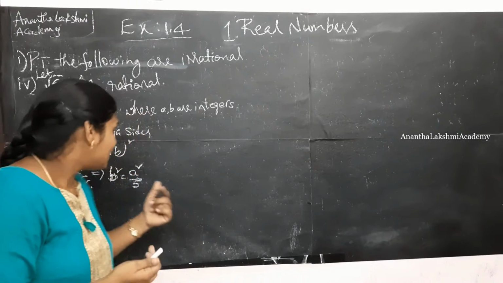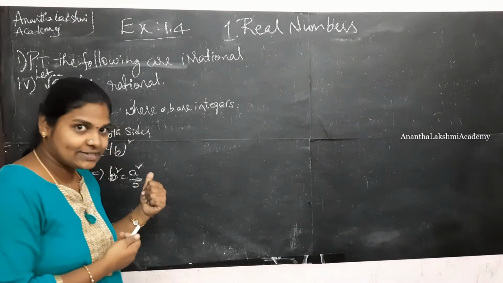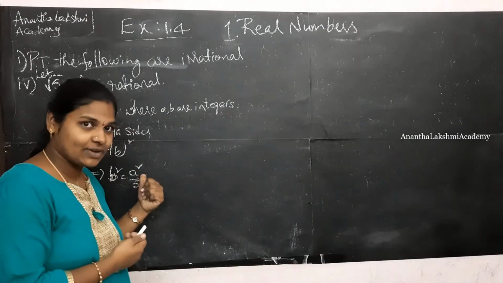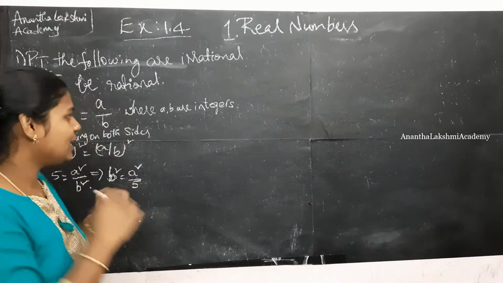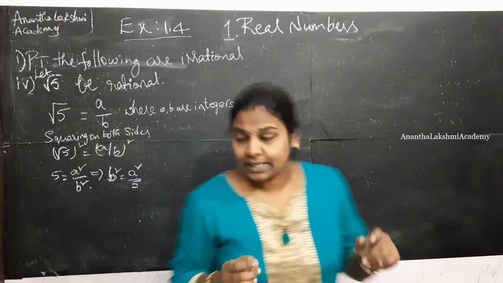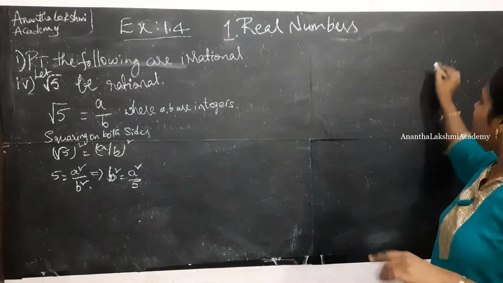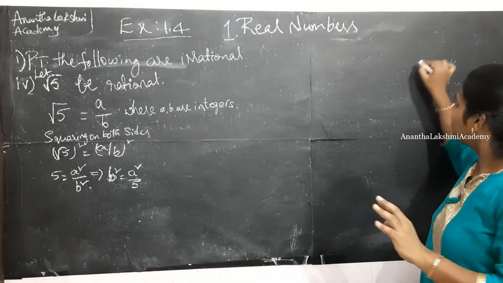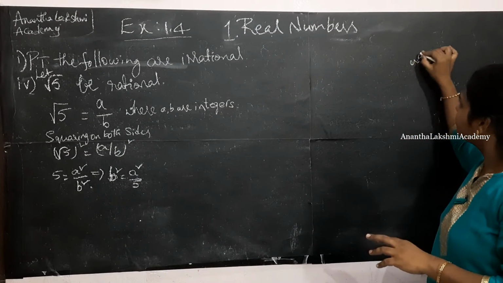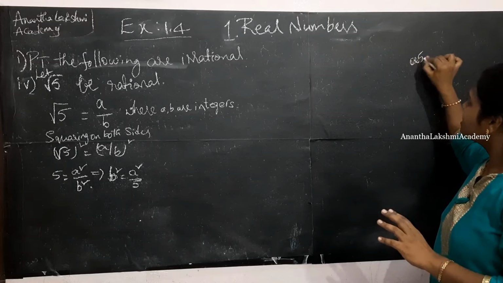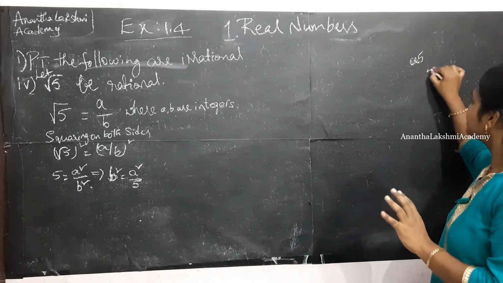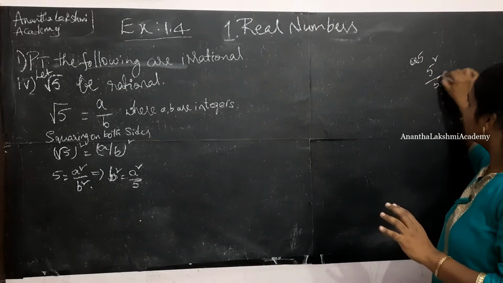Let me repeat. 5 is dividing a square. When 5 is dividing a square, can 5 divide a? Let me give you an example. Say for suppose 5 is dividing a square, and let me suppose a is equal to 5. What happens? 5 is dividing a square, 5 square by 5. Is it divisible?